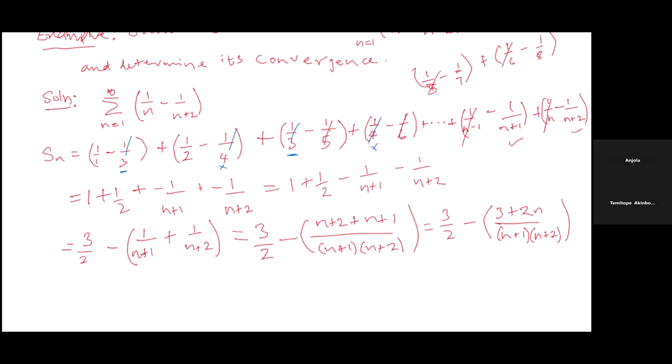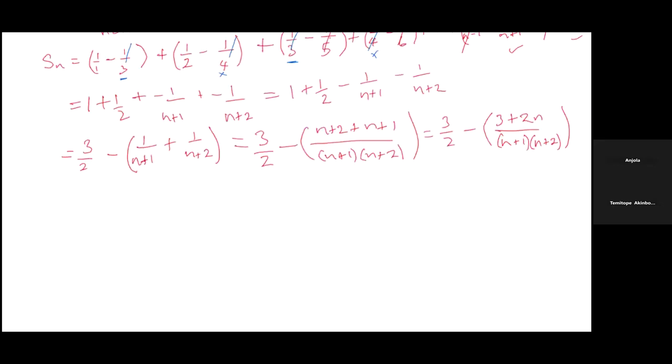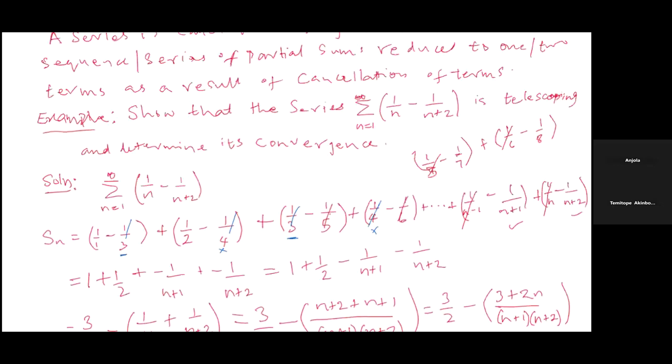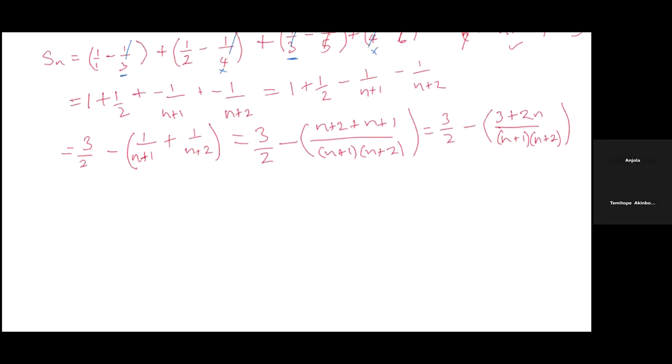You can see that we have terms that cancel out. Okay. Please write that quickly. We have less than 10 minutes. Yes, sir. Now let's answer the second part of the question. What's the second part? He said we should determine its convergence. So we are going to determine the convergence of that by taking the limit of the partial sum.